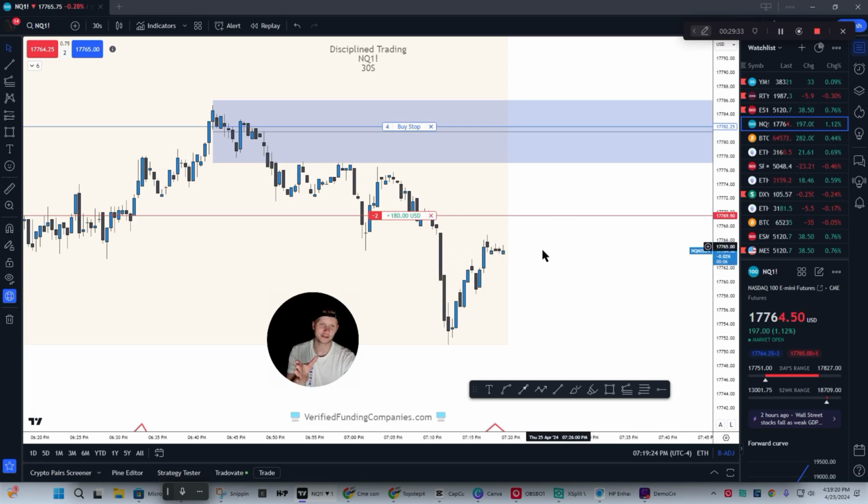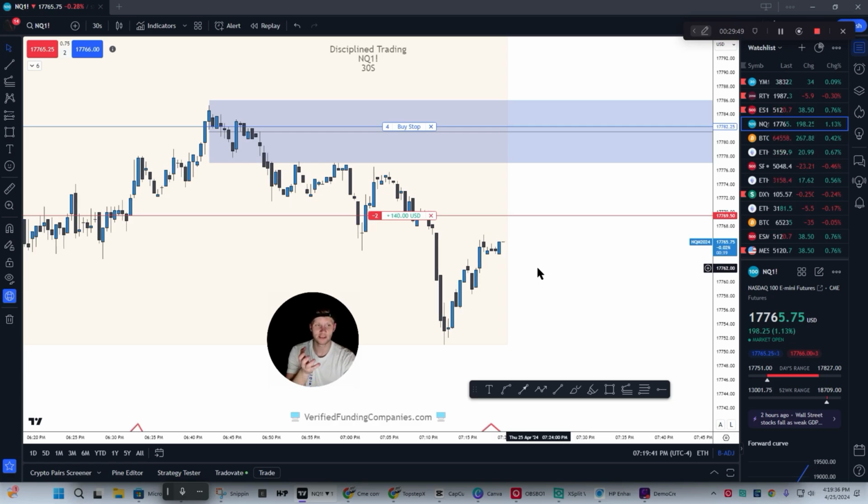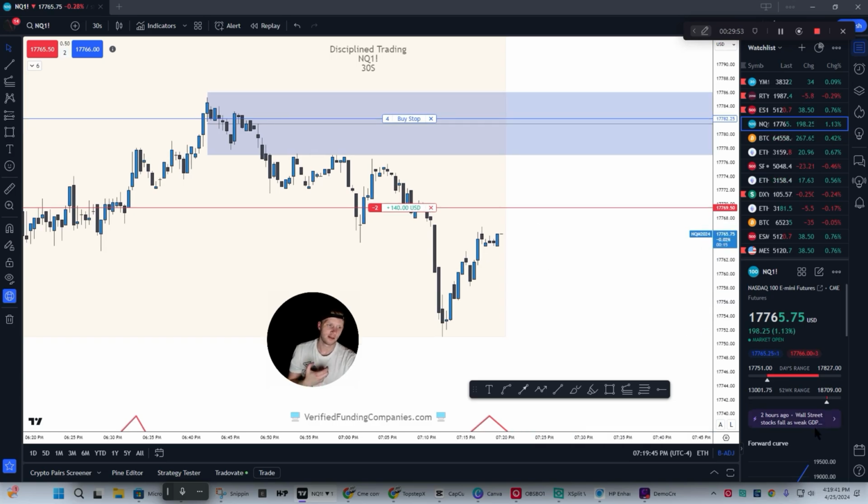Indices are cash settled, so there's no exchange of product. Other futures contracts such as oil, gold, those are settled physically, meaning if you bought a futures contract and it goes up in price, you're going to have to purchase, and then they're going to have to deliver that gold to you. Same thing with oil.